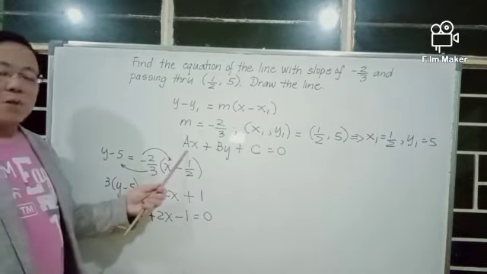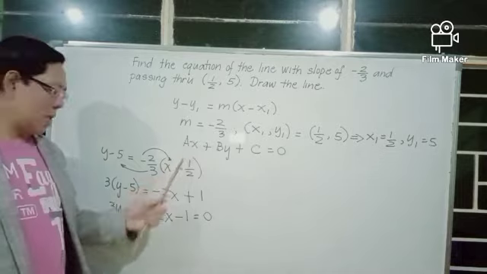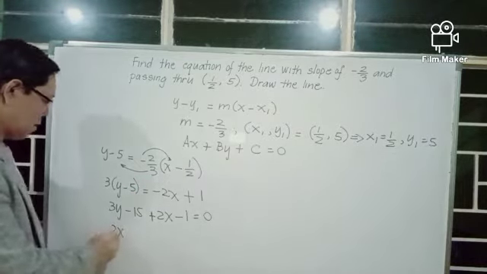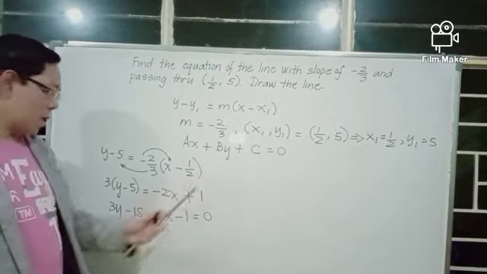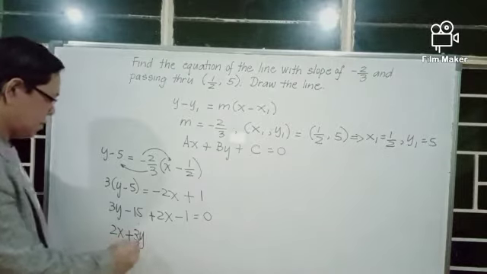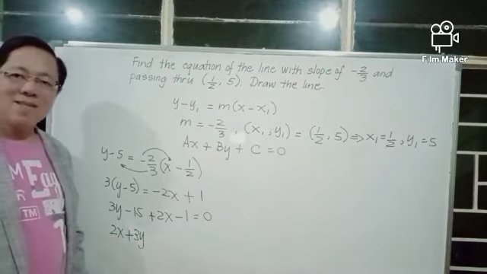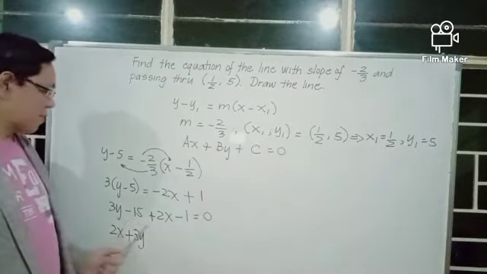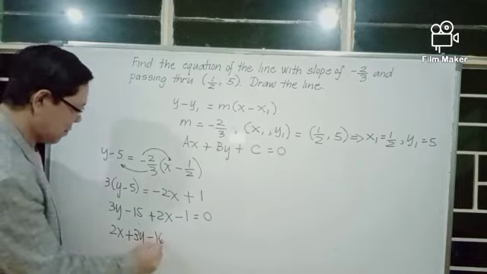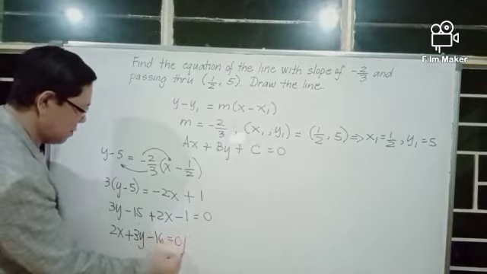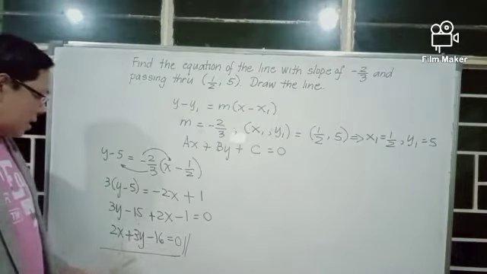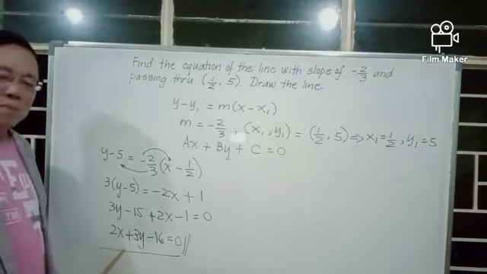In standard form, we write first the term containing the variable x. So we start with 2x, followed by the term containing y, plus 3y. And we combine the constant terms. Negative 15 minus 1 is negative 16, equals 0.